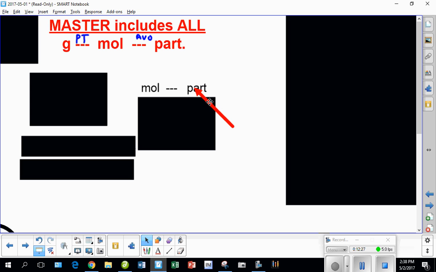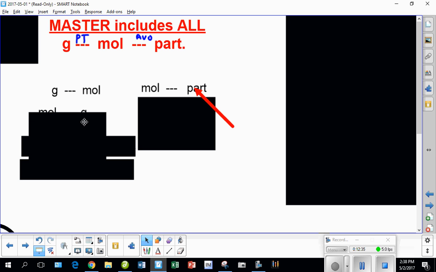Very good, this 6.02 times 10 to the 23rd. Excellent, that's all there is to that problem. Notice, we've done 3 examples. How many fractions were there in each of these examples? 2. Once you've written the pathway, you know how many fractions are going to be in your calculation.